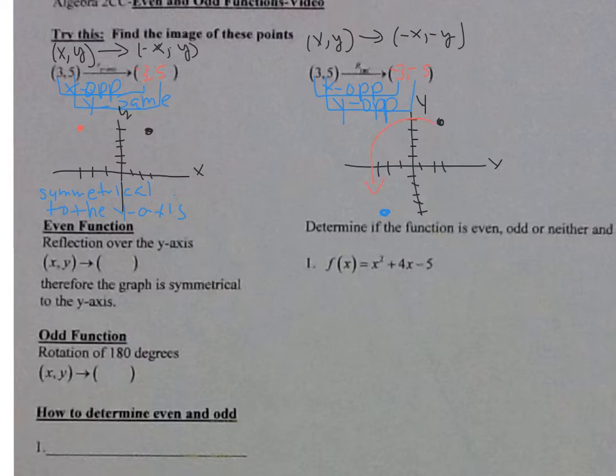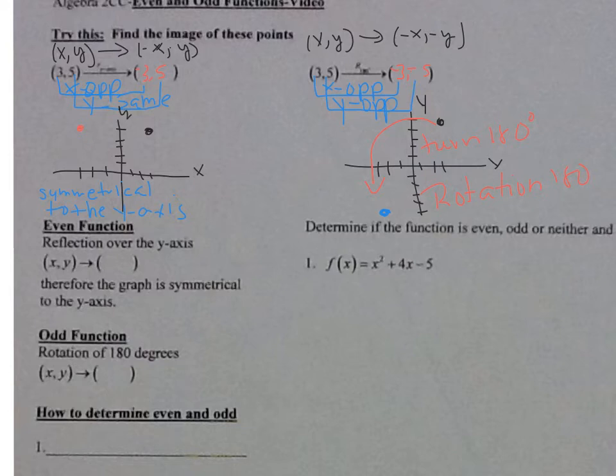It's a turn of 180 degrees. So if I took my paper and I turned it upside down, this blue point is in the same place. It'll be now in quadrant 1, okay, at (3, 5).